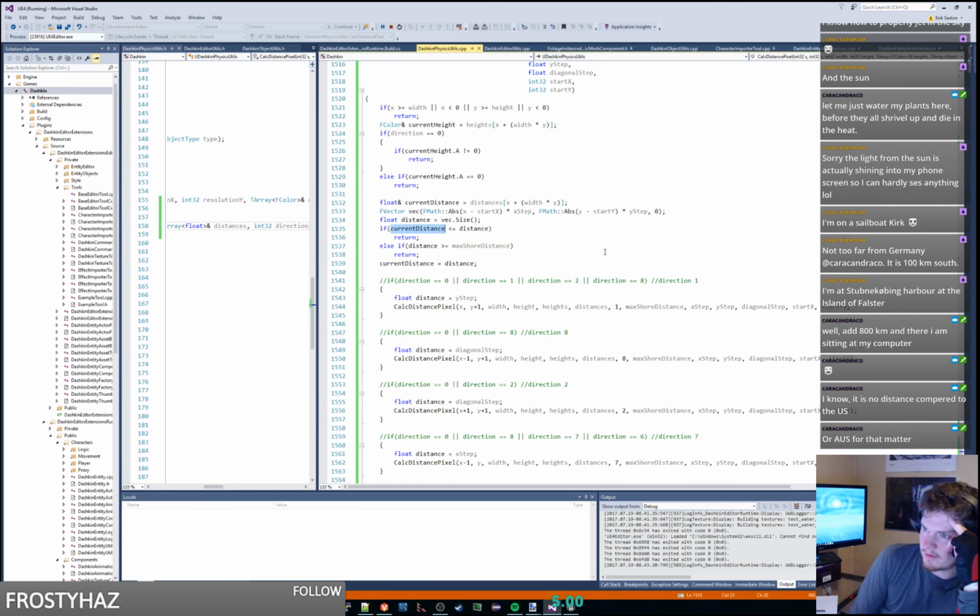Alright, so the two times, it's really these conditions. The current height equals 0, return.